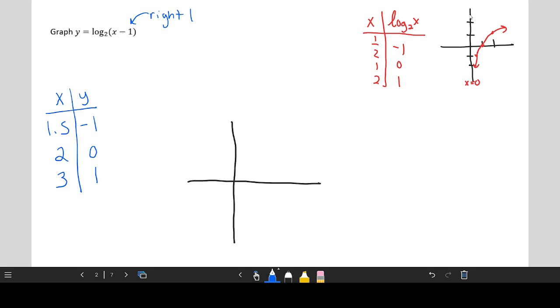Now we had a vertical asymptote here. That's going to move with the function when we move it horizontally. So this vertical line is going to move to the right 1 unit as well. And the asymptote is now going to be the line x equals 1.